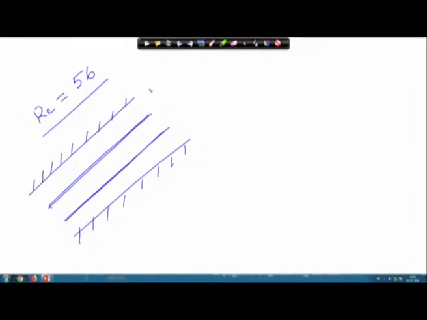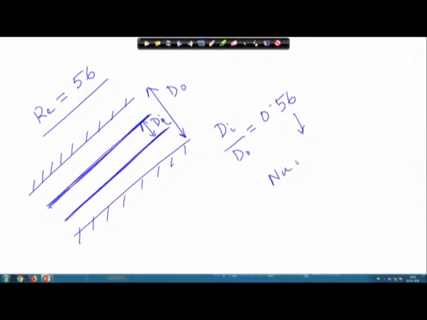For this type of configuration, d_i by d_0 is 0.56, and assuming the wall temperature remains almost constant, we will have a corresponding value for the Nusselt number equal to 5.56.